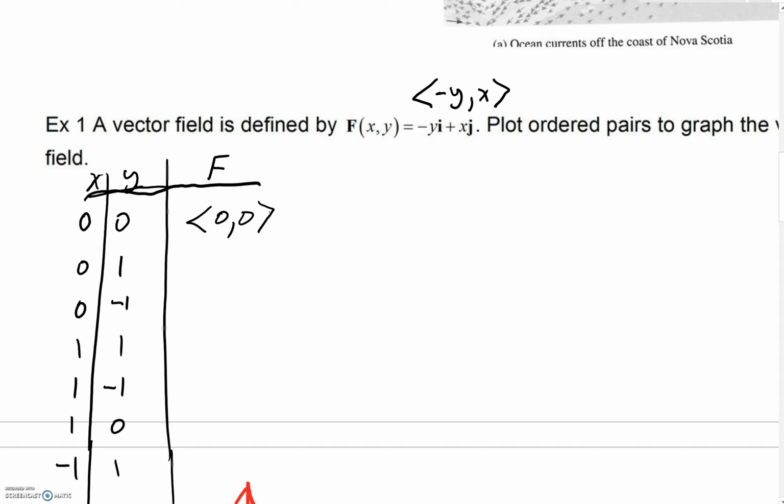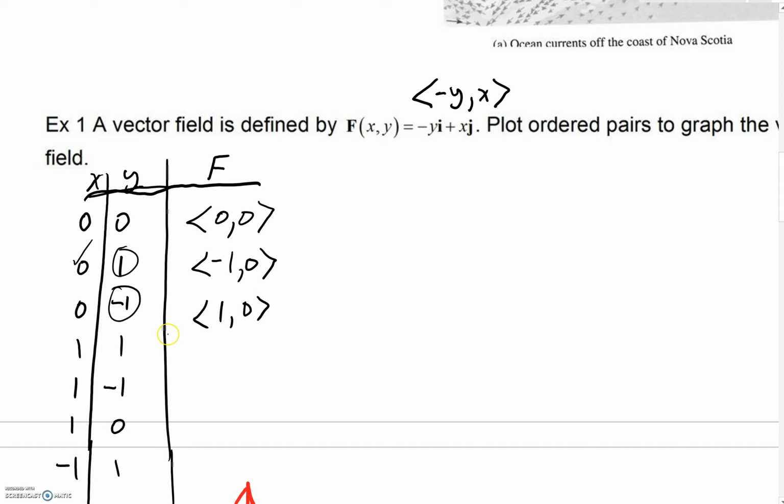You get the 0 vector. For 0, 1, your y is 1, so we'd get negative 1, and then we copy down our x. Look, we're going to change the sign of y. So for y equal to negative 1, the opposite of y becomes a positive 1.